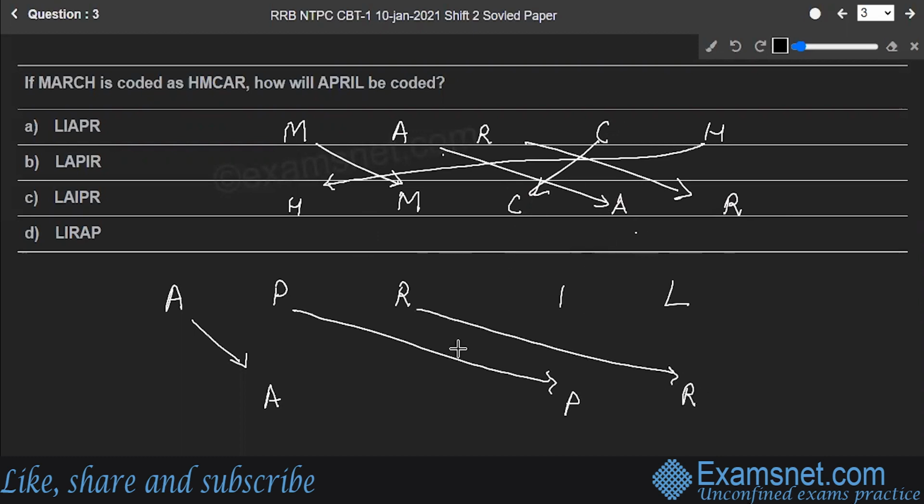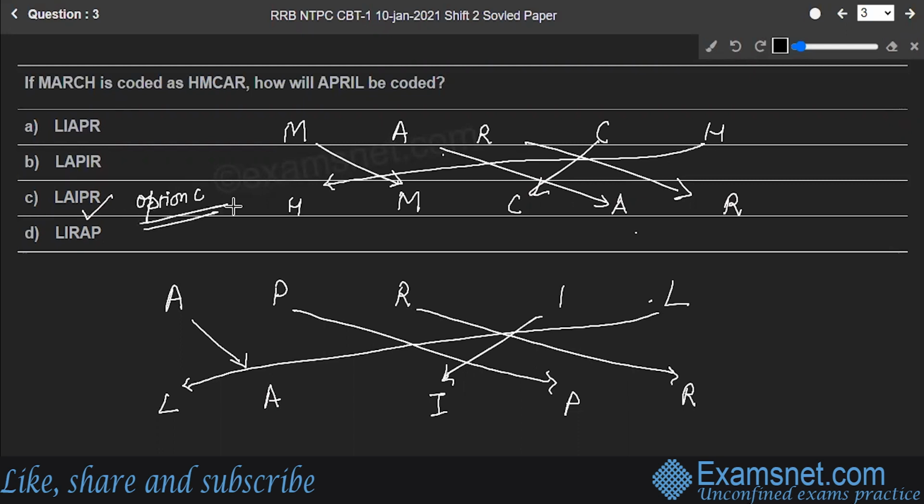I was shifted below this, so I will be here, and L will move to the first position. Correct? So LAIPR, which is option C. So option C is the correct answer to the question.